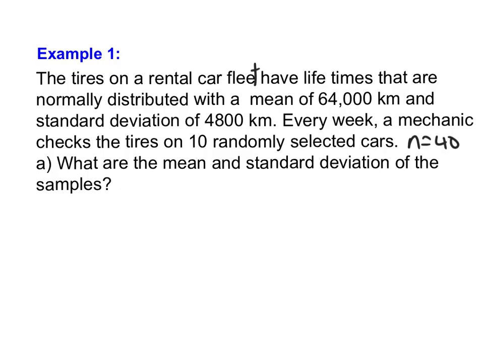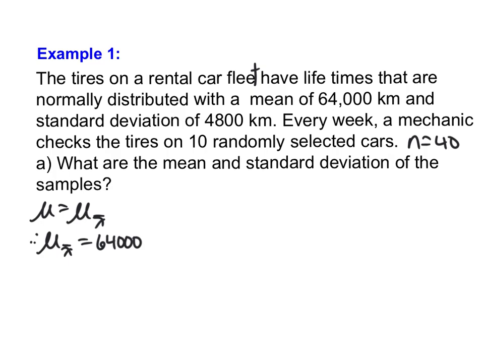So first we're going to get our mean and standard deviation of our samples. Based on the theory that we've said, if we do enough repeated sampling, the average of our samples is going to be the same as the average of our population. So we are going to use the population average as our sample average.